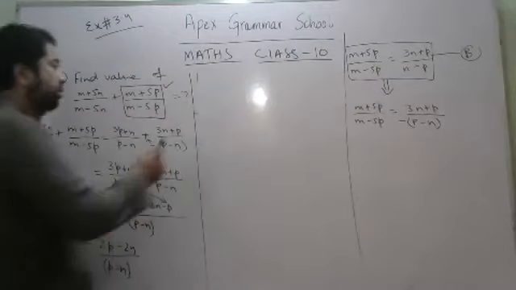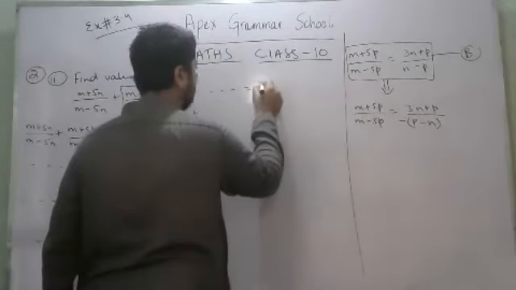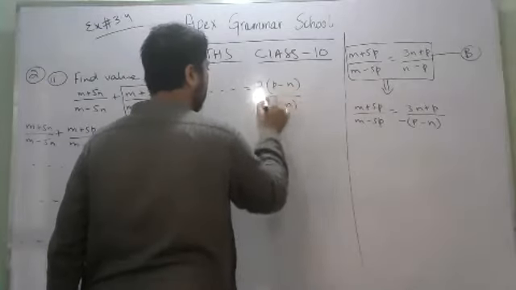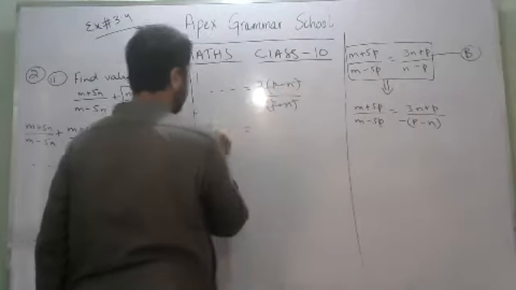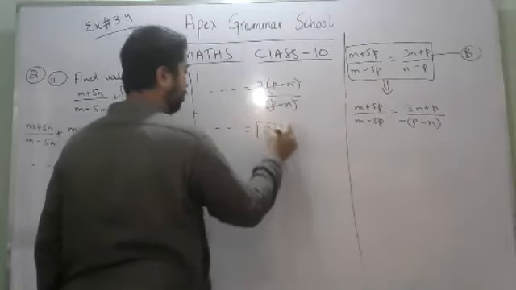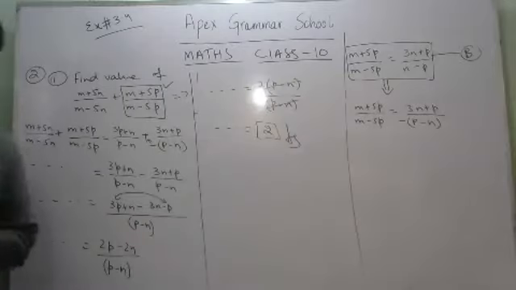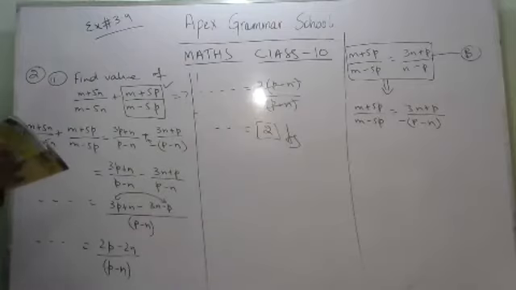Take 2 common, divided by p minus n and p minus n. Cancel them, and your answer will be 2. And that's it. This was your second part of question number 2. Now we will solve the third part just like this.